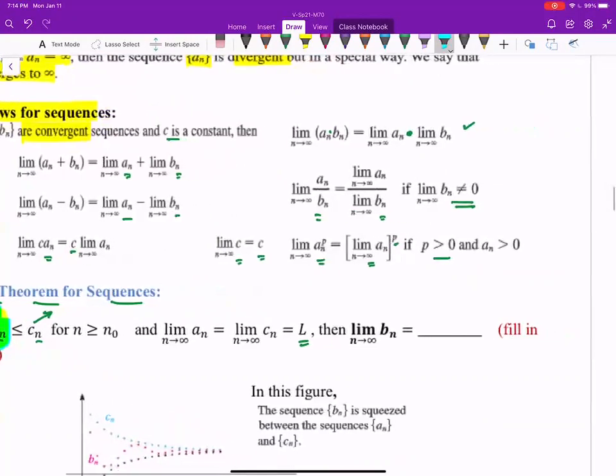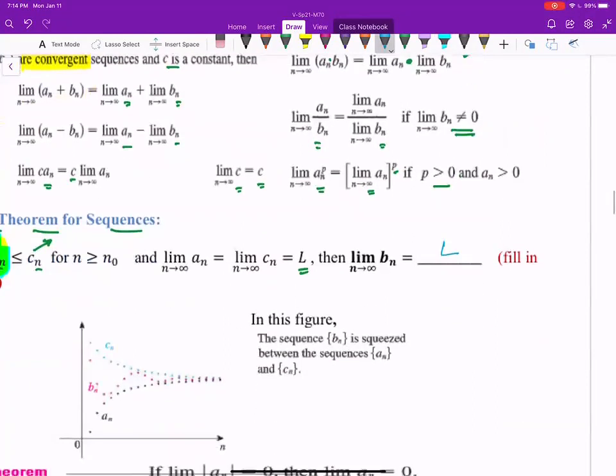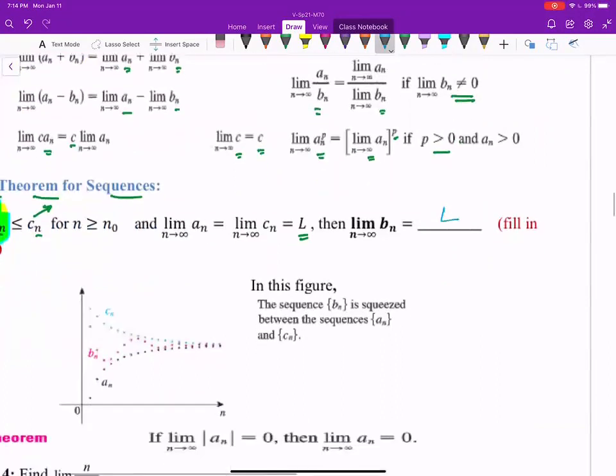The limit as n approaches infinity of Bn would also be equal to L. In this figure, you notice that the middle one is Bn, the lower one is the sequence An, and the upper one is the sequence Cn.